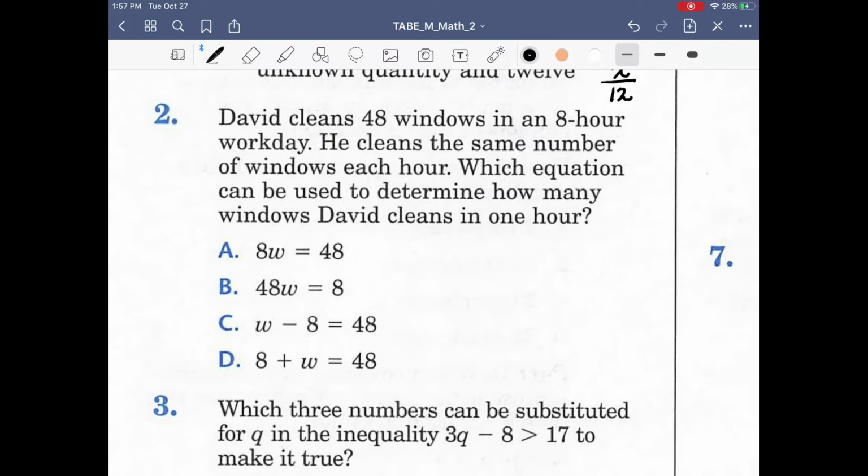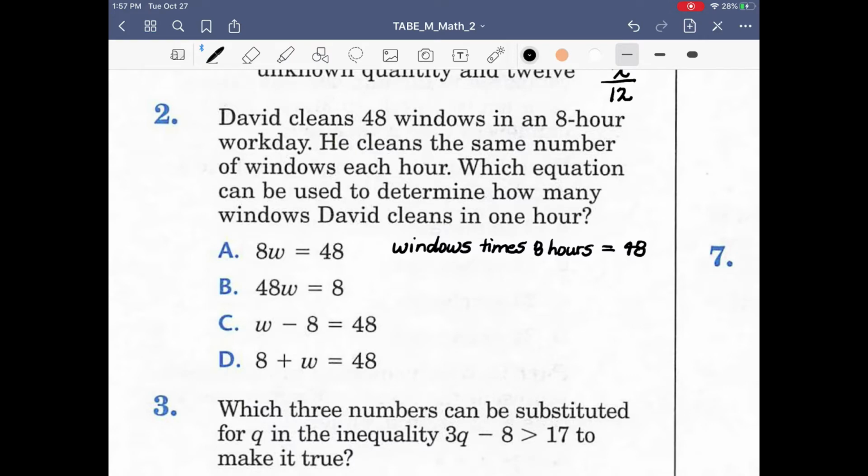So get your story straight. He cleans some windows for 8 hours. And that totals 48 windows. We know the total that he gets done in a day.